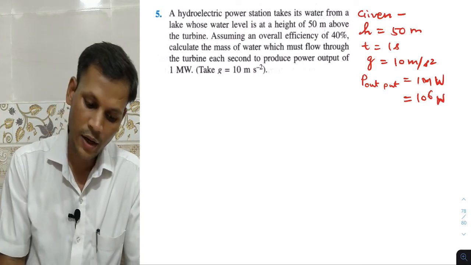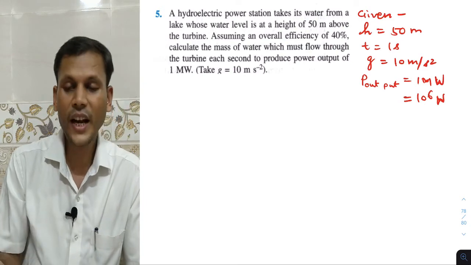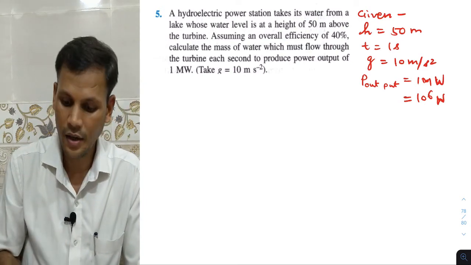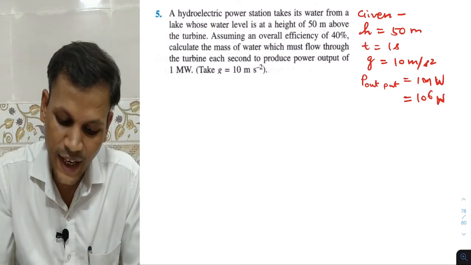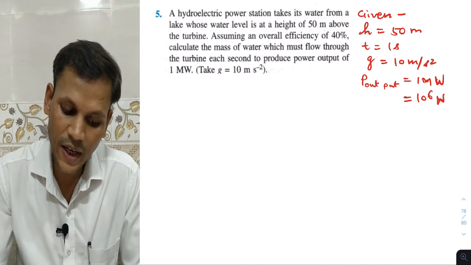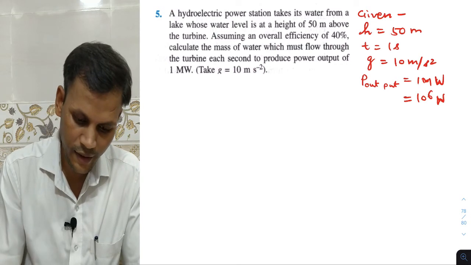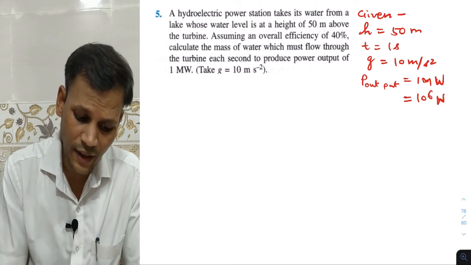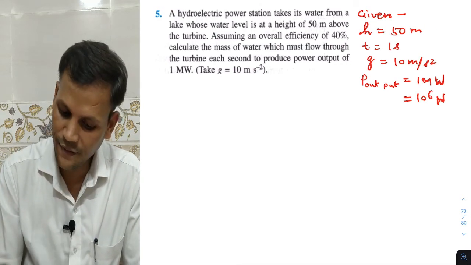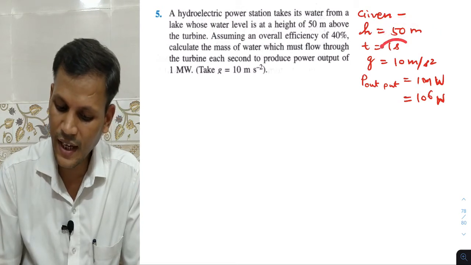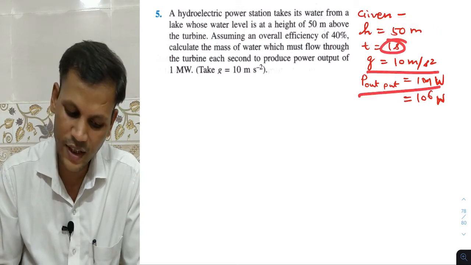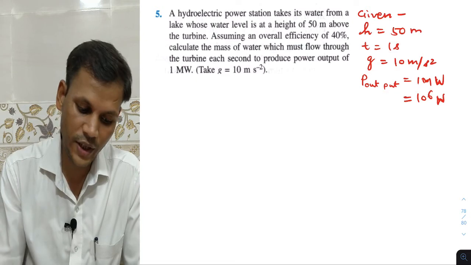It is the power. First of all, we can write in terms of energy. It is given per second. So again, what is given? Height is 50 meter, time is 1 second, g, power, everything is given. And what is to be calculated?